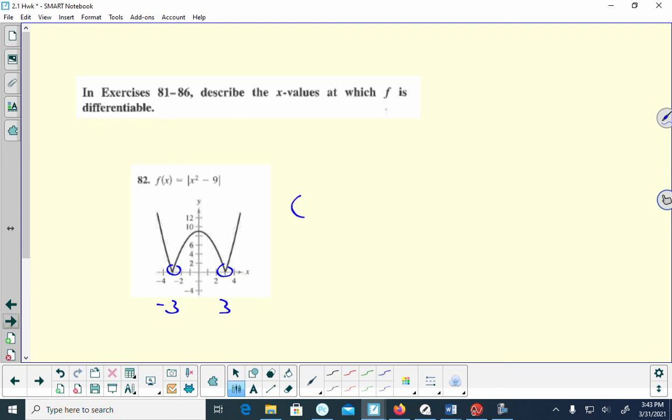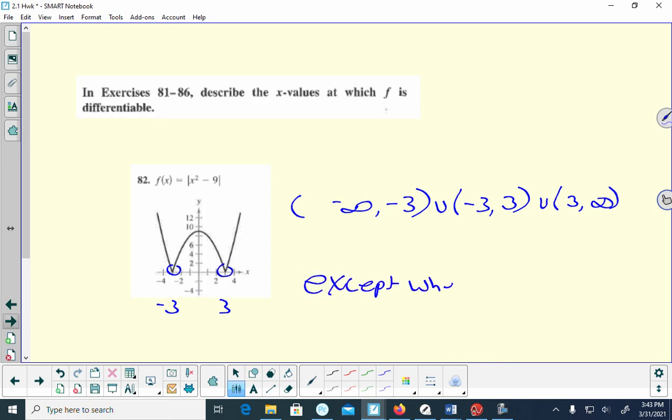I wrote -infinity to -3, union -3 to 3, union 3 to infinity, because it's asking me when can I find the derivative. The book said x, you can find the derivative except when x is equal to plus or minus 3. They're both saying the same thing. It's just a matter of how you want to write it.